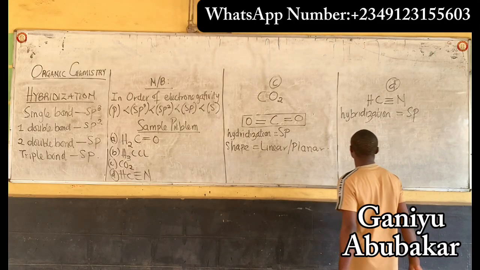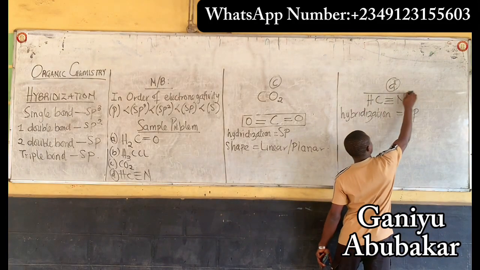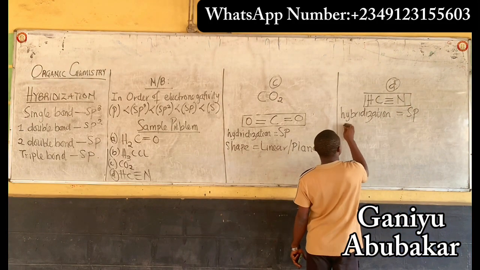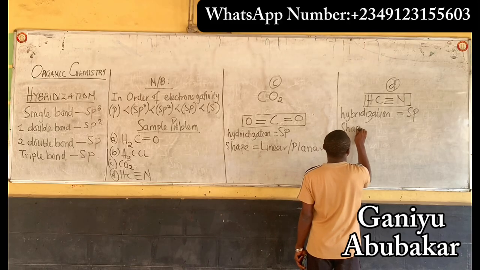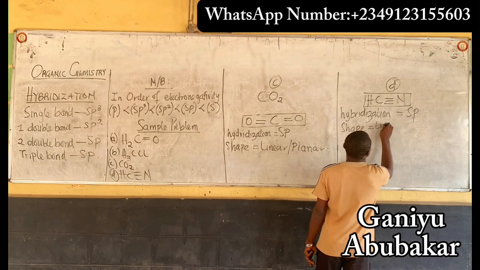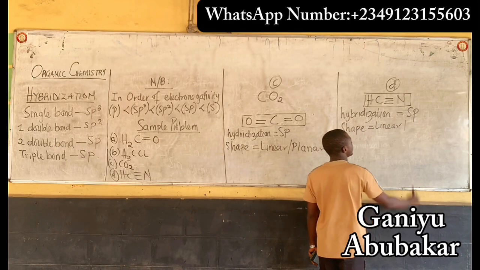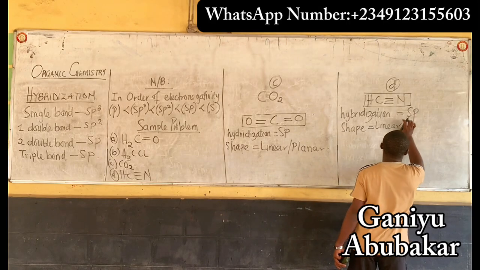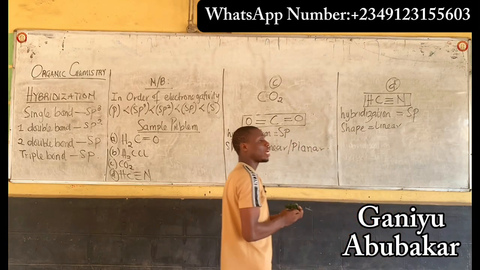Why? Triple bond. Next up, the shape is what? Linear. So the shape here is of course linear, linear planar. So this is what we have to find.